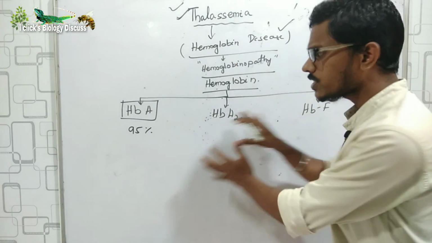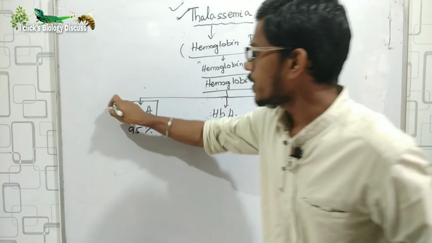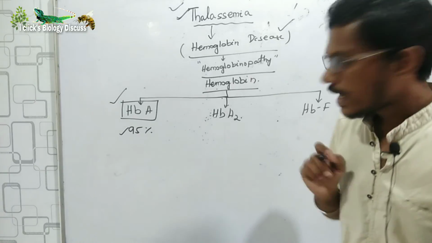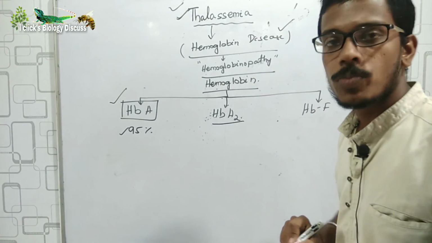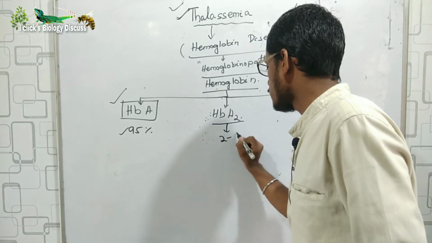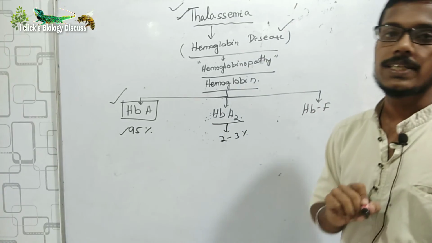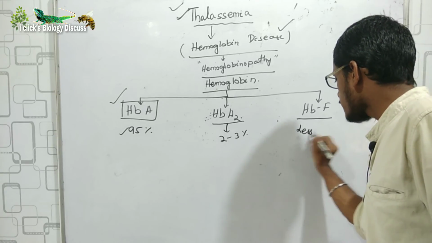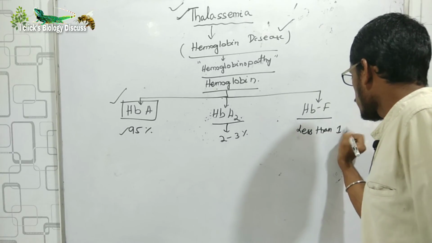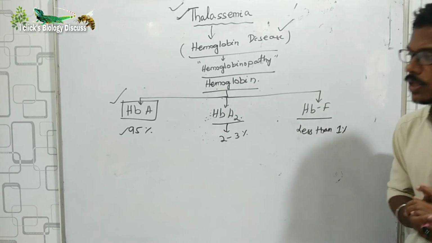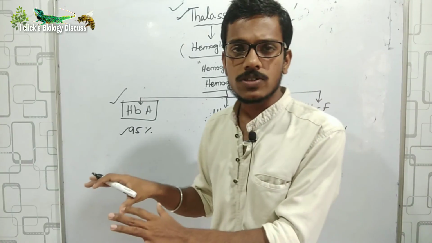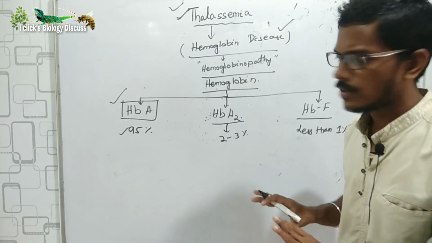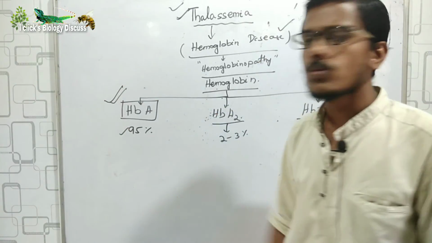HbA2 is only 2 to 3%, whereas HbF is less than 1%, which is very little. So the most hemoglobin in the adult is the HbA type.